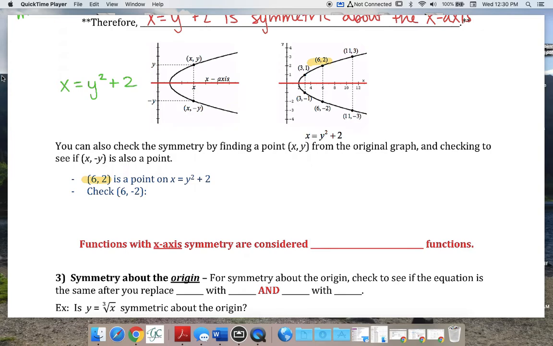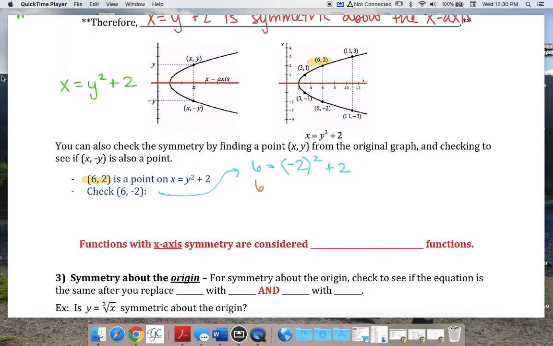And because we are checking for x-axis symmetry, that means we are changing the y value. So we're going to plug in a negative 2 for y, but we'll keep that x value of 6 positive. All right, so we're going to have 6 equals, we're going to plug in negative 2 for y, squared, plus 2.